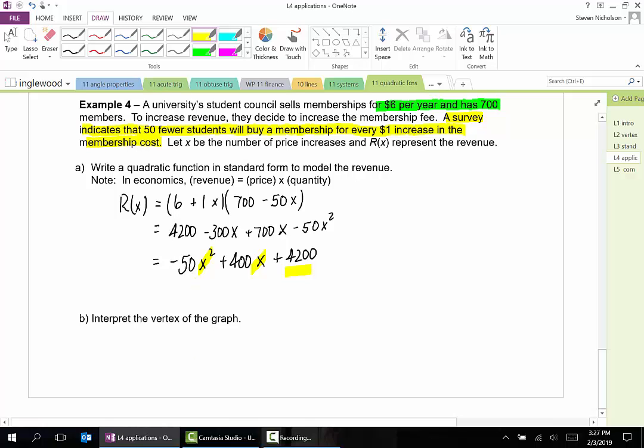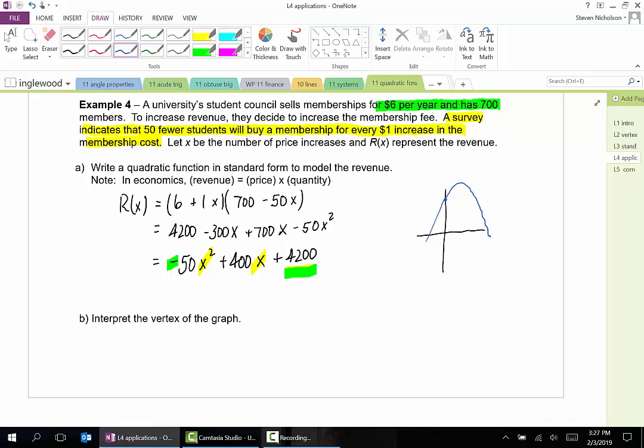You have a parabola that opens down and has a y-intercept of 4,200. So if we were going to do a quick little sketch, this thing would have a y-intercept of 4,200, and the picture would kind of look like that. So if you enter that into your calculator, that's what you're going to see.